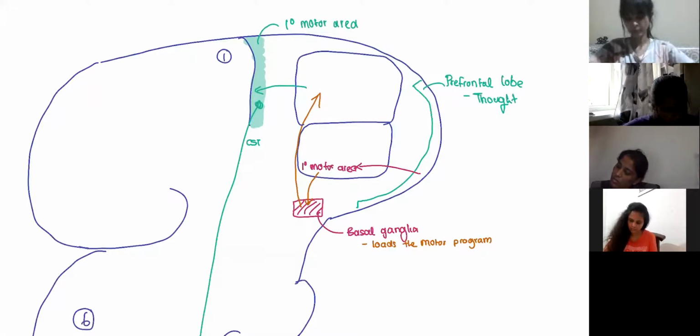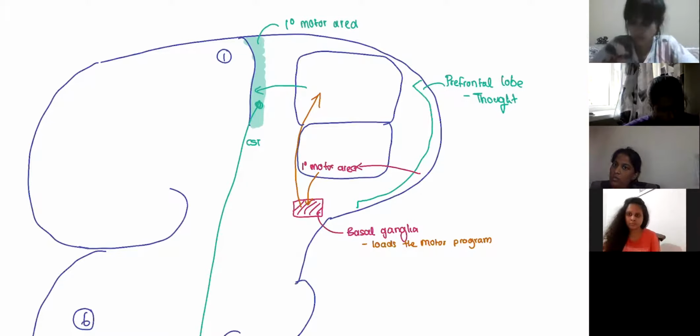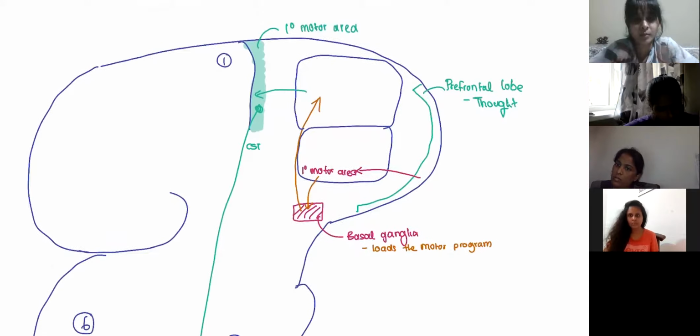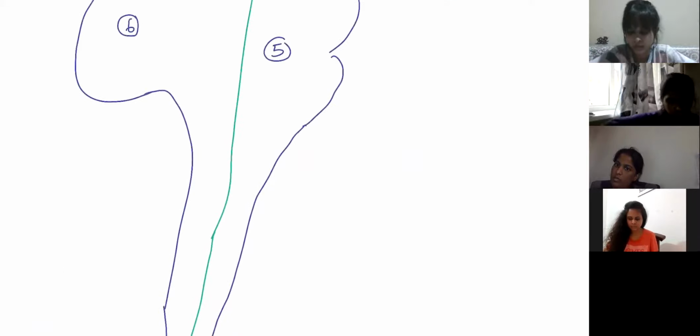Basal ganglia tells his secretary, okay, this is the motor program. You need to talk with the other departments and you need to start the movement process. You need to tell the workers to start working. And the second secretary will tell the primary motor area to do the work. Okay.